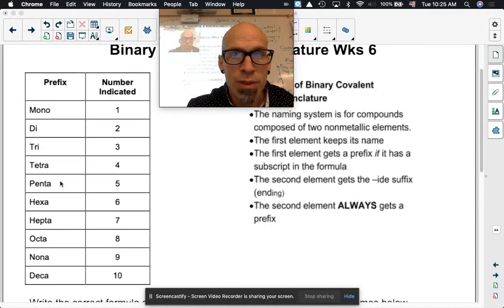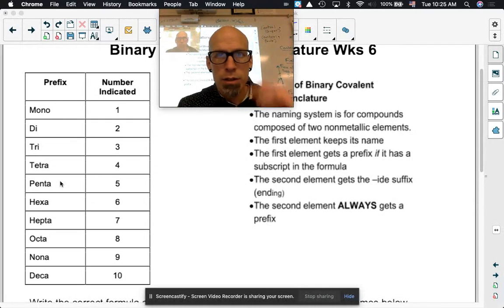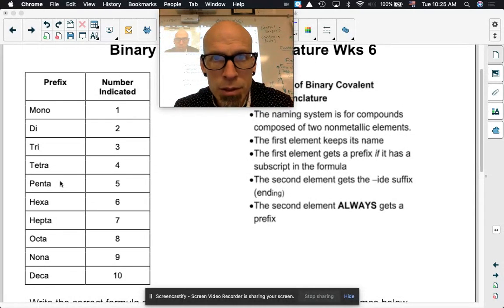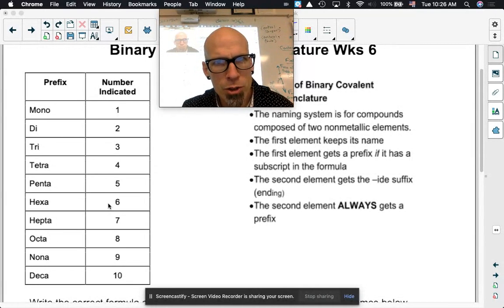You don't have to memorize these; they'll be either on the quiz or on the board while you're taking the quiz. These are the names that symbolize the numbers in the name of the compound, so that we know how many of each atom are in the molecule.